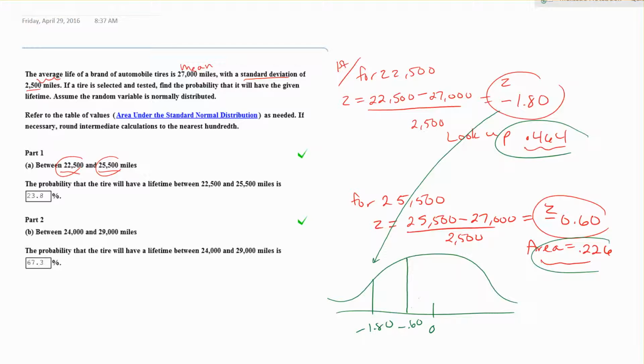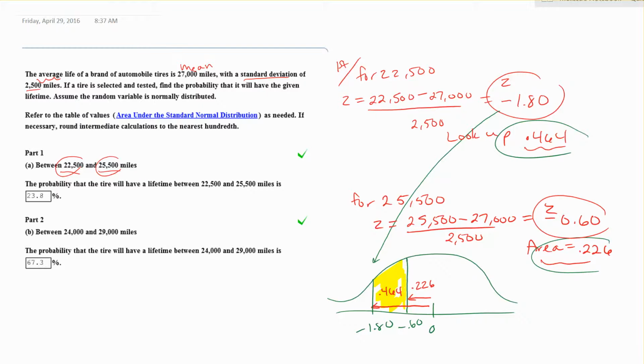So from 0 to negative 1.80, the area is 0.464. The next one is from 0 to negative 0.60, and that area is 0.226 or 22.6%. Now I want to know the area between these, which is just this portion under the curve.